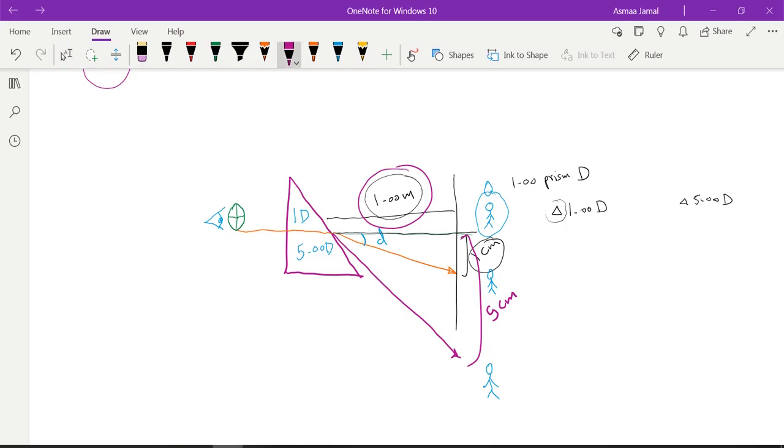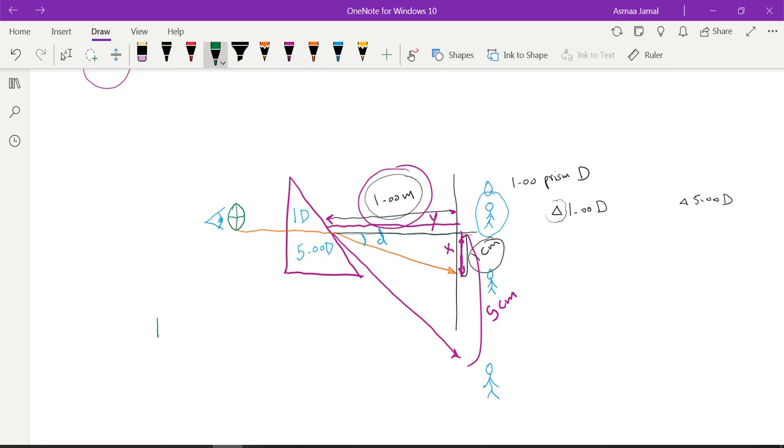So if we call this 1 meter, or this distance, y, and the displacement from the normal, let's call it x. The power of the prism depends on the distance at which the deviation is measured, which is y, and the distance that the light ray is deviated, which is x.